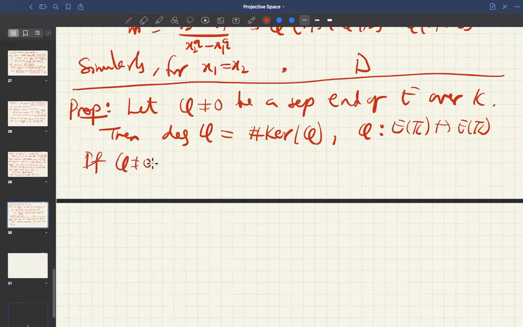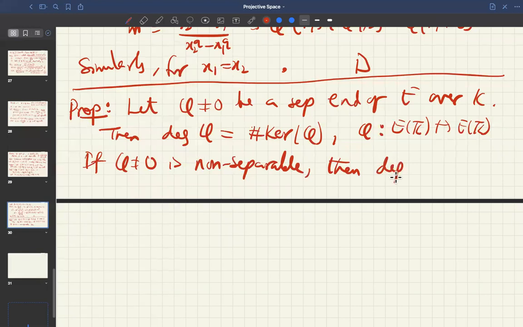If phi is non-separable, then the degree of phi is strictly greater than the size of the kernel.